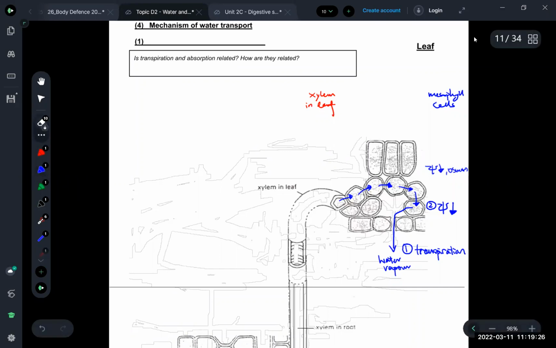So instead of describing the cell one by one, I now only consider the point with the highest water potential and the point with the lowest water potential. That is that particular mesophyll cell.